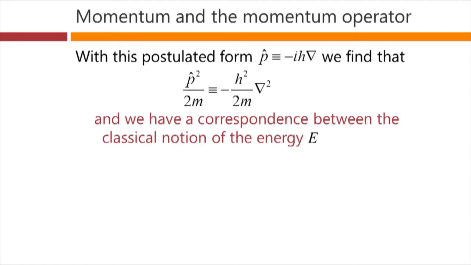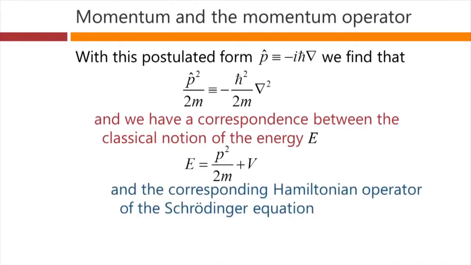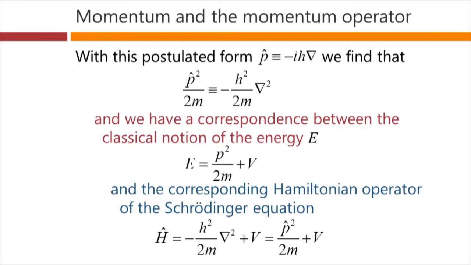And we see, therefore, that with this choice, which we have just postulated, we're beginning to see a correspondence between the classical notion of the energy, E, which is p squared over 2m in classical mechanics plus V, the potential, and the corresponding Hamiltonian operator of the Schrödinger equation. So the Hamiltonian operator, with the hat, is minus h bar squared over 2m del squared plus V. And we could rewrite that with our new definition of the momentum operator as the momentum operator squared over 2m plus V.